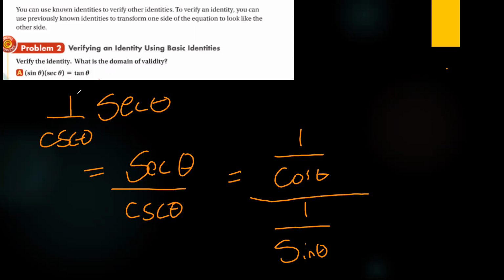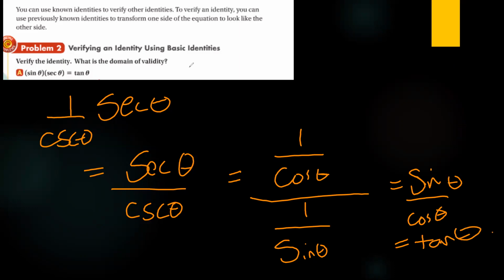If you have A over B over C over D, it's the same as, B times C over A times D, so it will equal sine over cosine, which is tan.